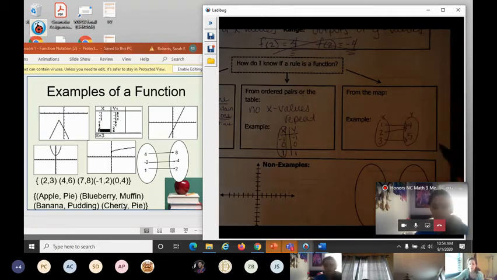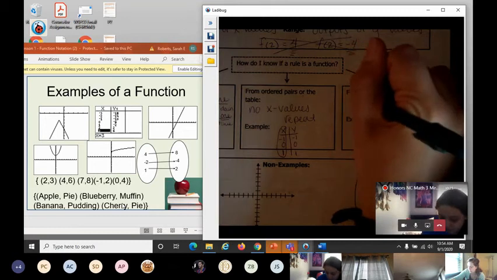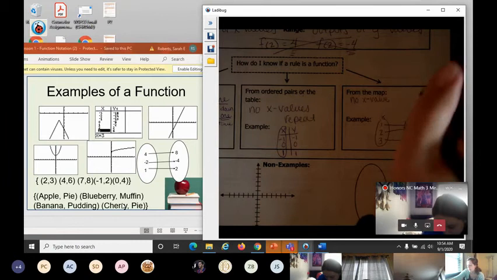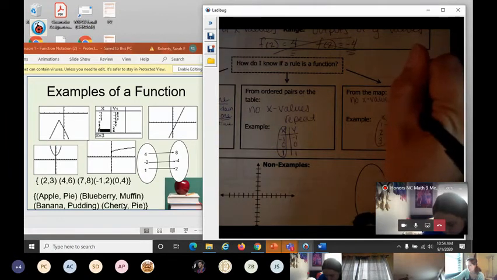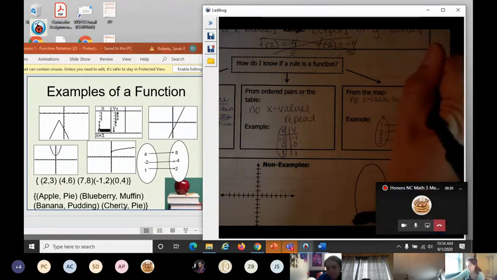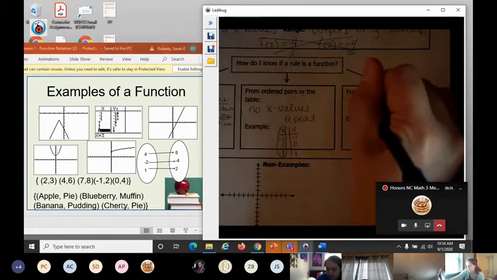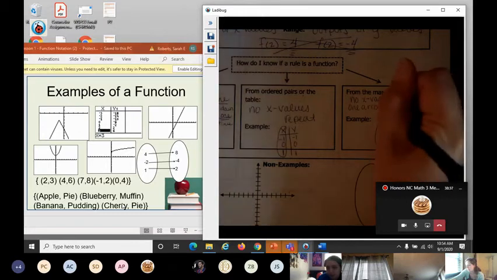Okay, so in this case, we know it's a function when no X value has more than one arrow coming from it.